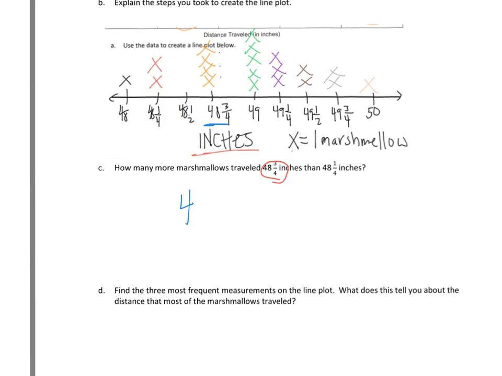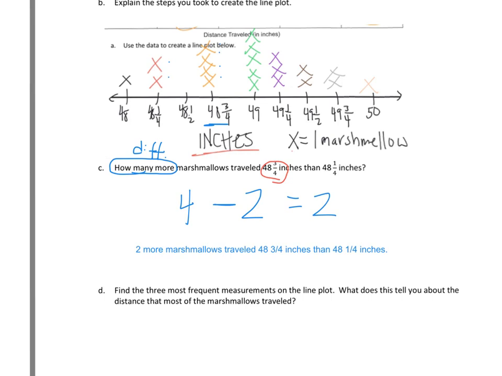And then 48 and a quarter is right here, and we have 1, 2. And when it says how many more, we're talking about the difference. And when we talk difference, we talk subtraction. So there's 2, meaning there were 2 more that traveled at 48 and 3/4 inches than 48 and 1/4.